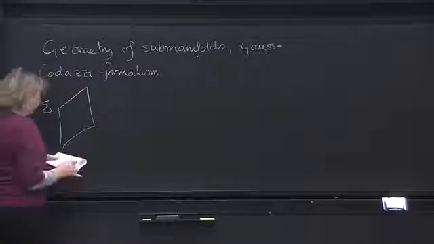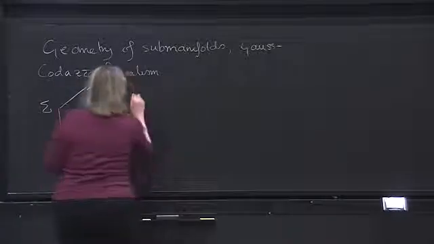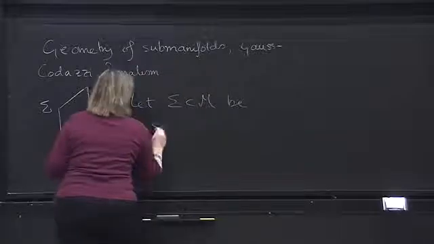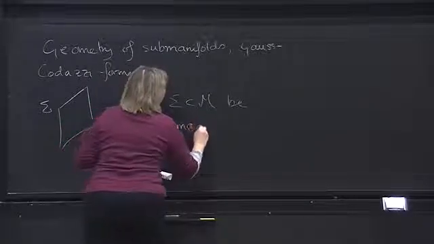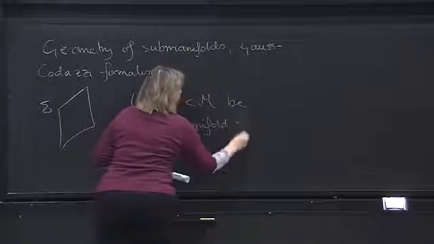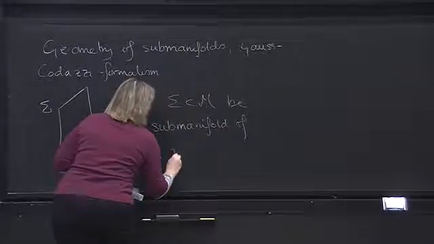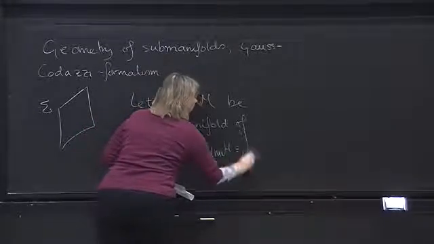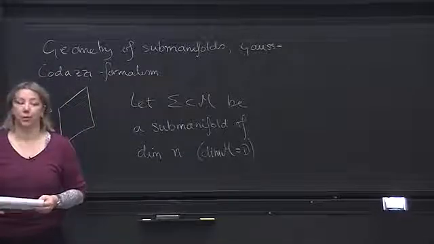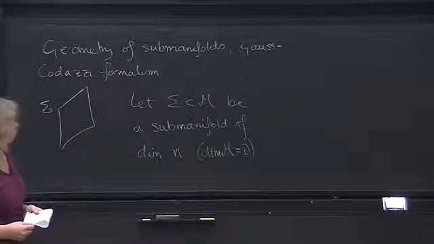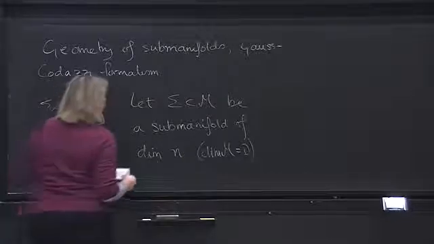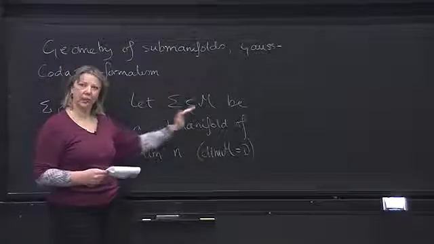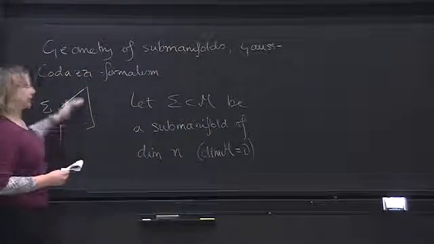So here's our submanifold. I'm going to take my higher dimensional manifold to have dimension capital D, my lower dimensional manifold to have dimension little n, and of course I'm taking as given that I've got this submanifold.